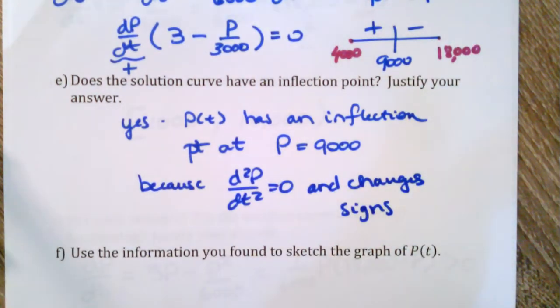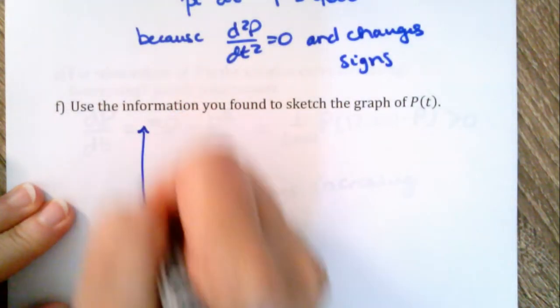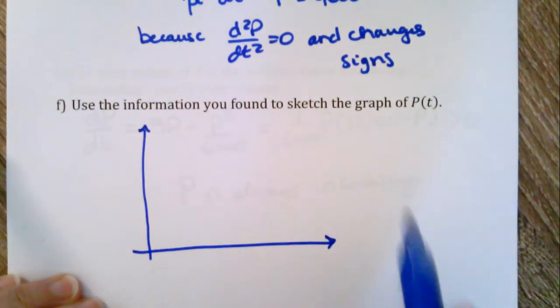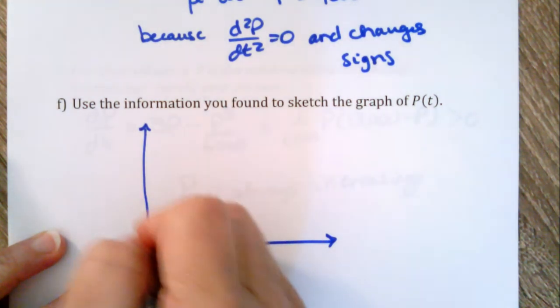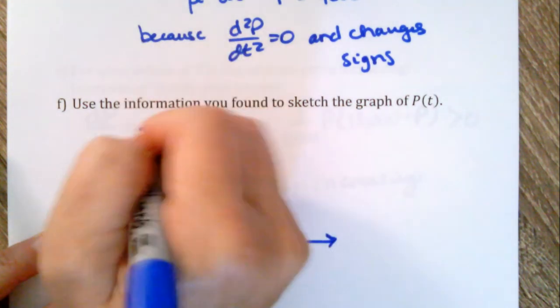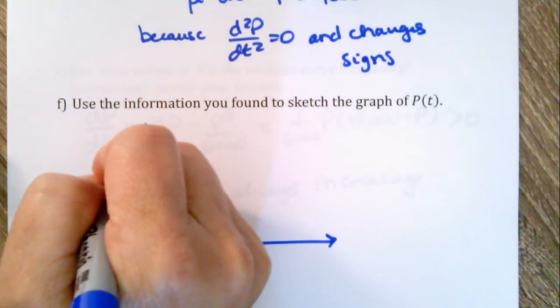And so based on all of that information, let's sketch a quick graph of P of t. First of all, we know that our limit is 18,000. I'm marking this off in 4,000s: 4, 8, 12, 16.